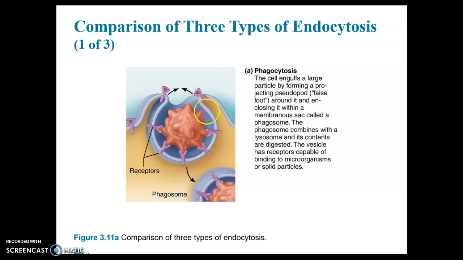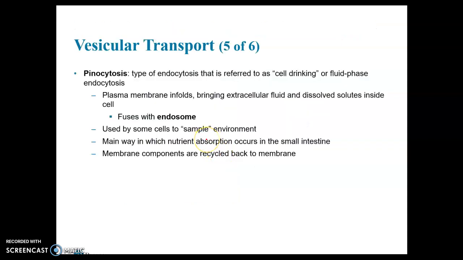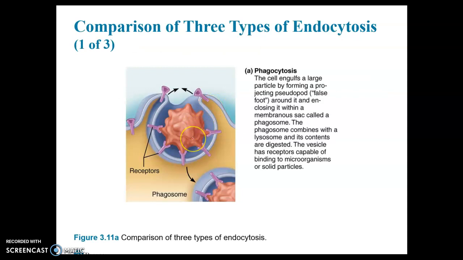So there are these projections, and then you have kind of like a pit or a hole that's formed around the solid particle, and it encloses it. And now what you have is a phagosome, which you can see part of it here. It's the vesicle that contains the solid particle inside.